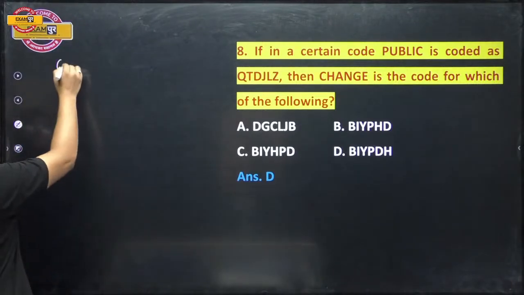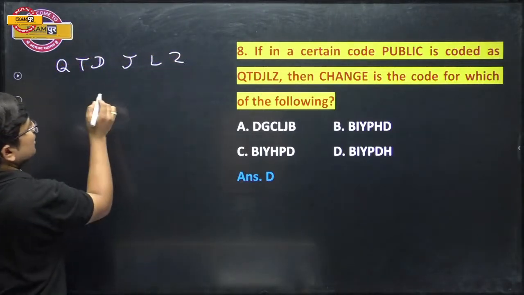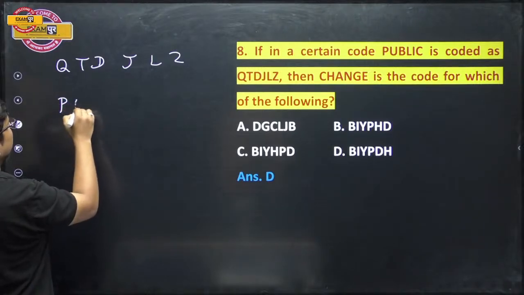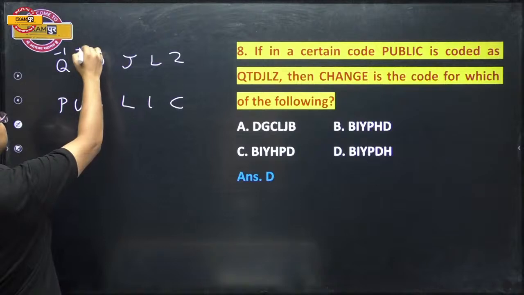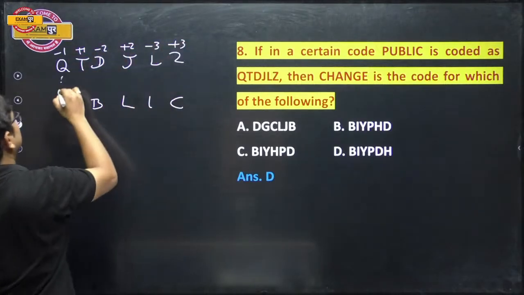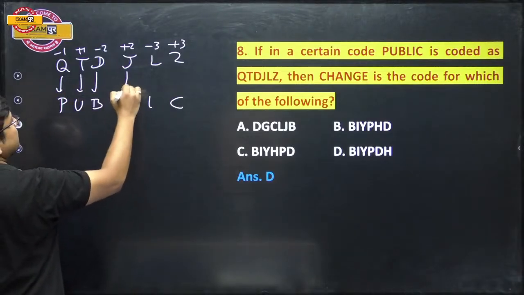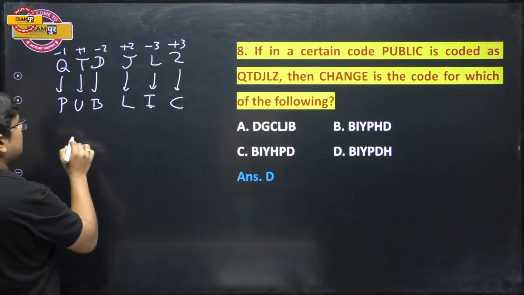For example, now write in this manner, QTDJLZ, and then here public. Okay, -1 +1, -2 +2, -3 +3, and so on. Okay, everyone. Now, change is written as what?